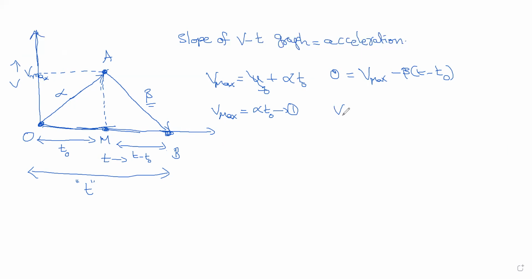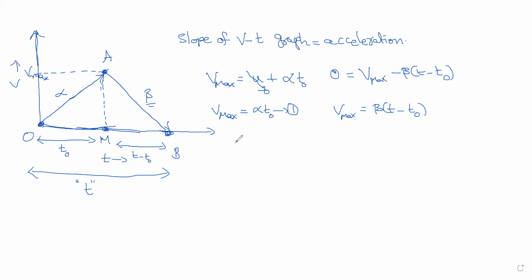So Vmax is beta into T minus T naught. Both equations are there: Vmax is alpha T naught, and Vmax is beta into T minus T naught.